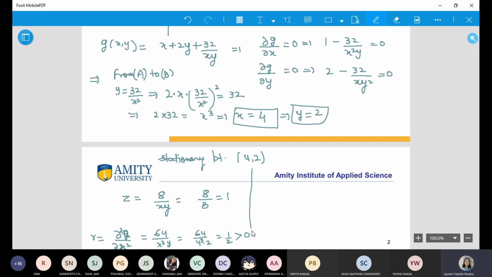Now let's try other values. When I find del 2g upon del x del y, what will it be? It will be 32 upon x square y square, and that is 32 upon 16 into 4, and that is 1 by 2. Please check.